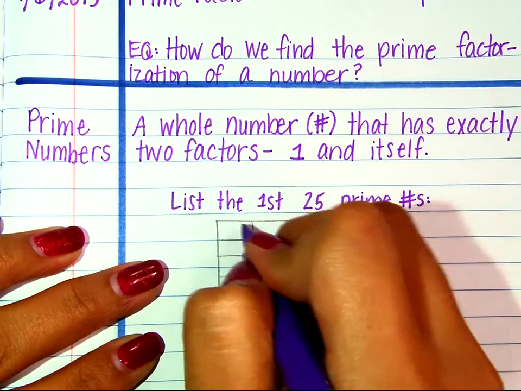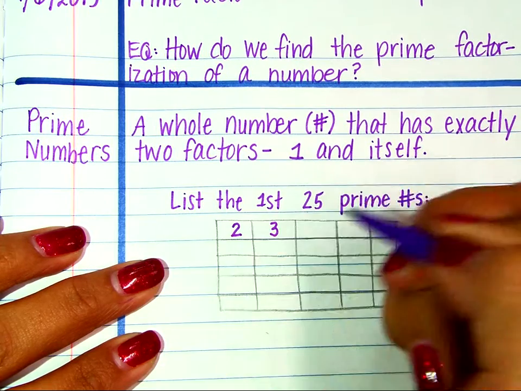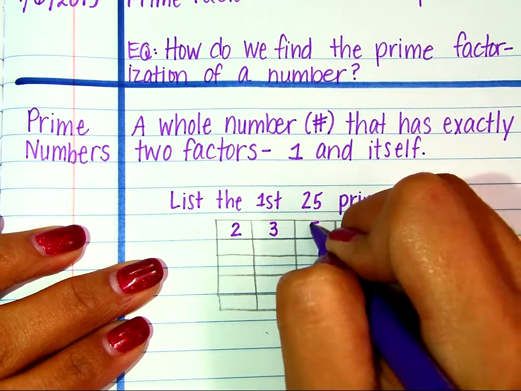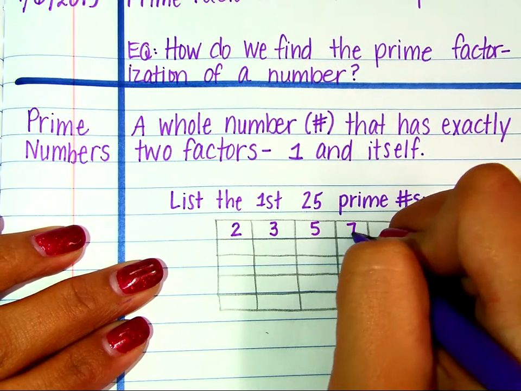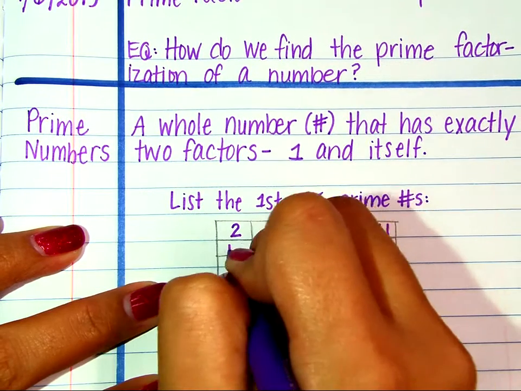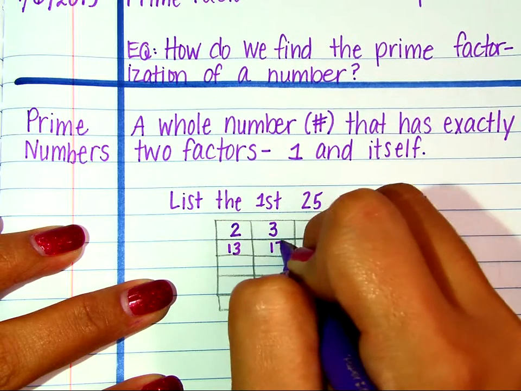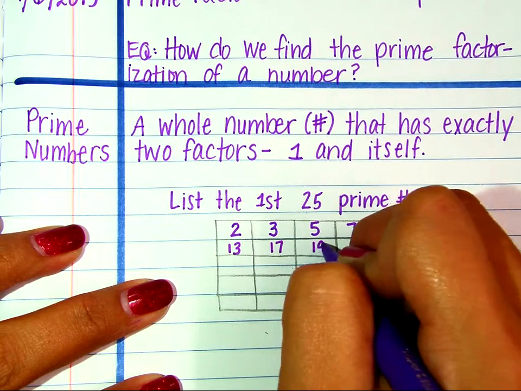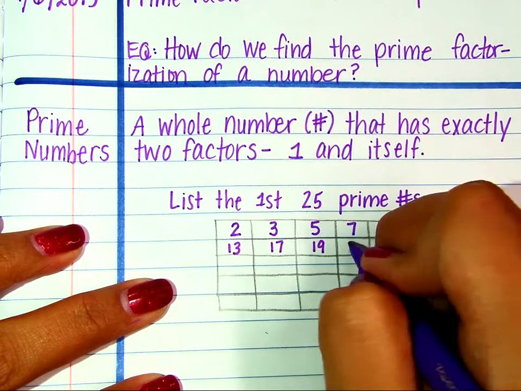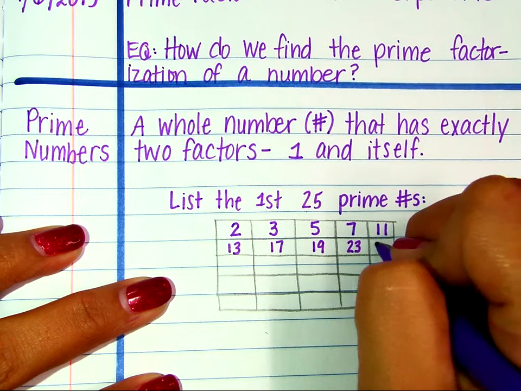So the first prime number is 2. Then we have 3, 5, 7, 11, 13, 17, 19, 23, 29.